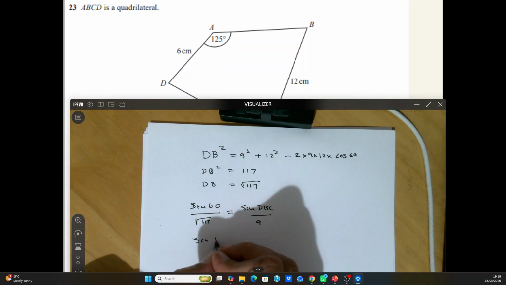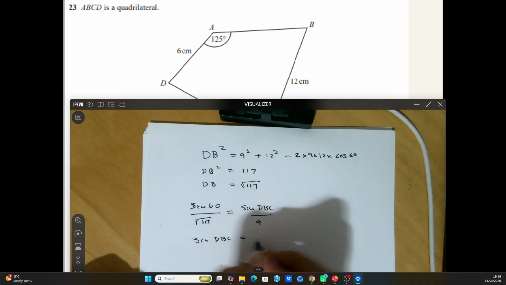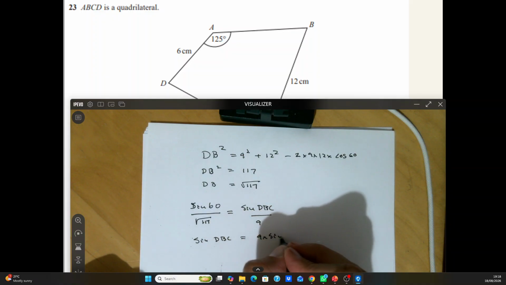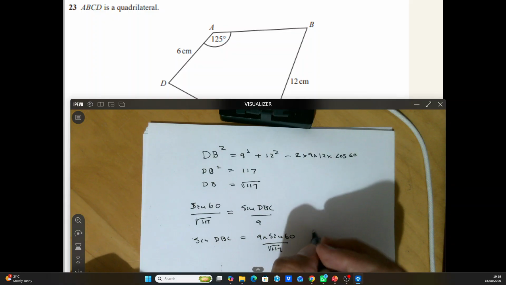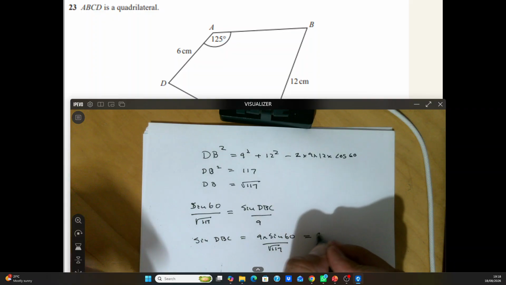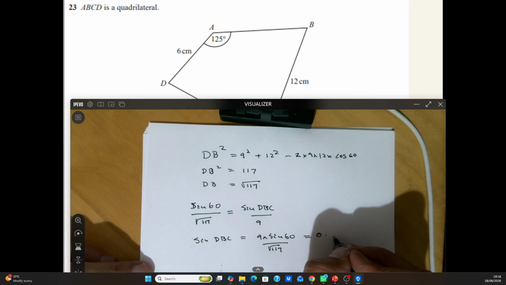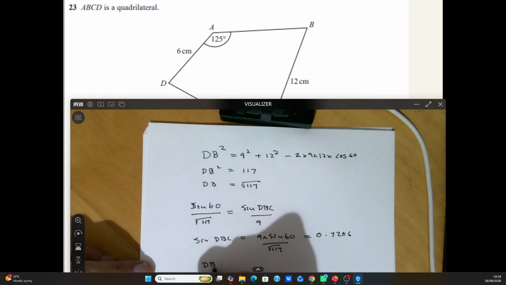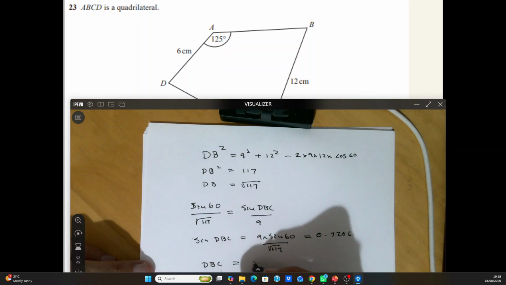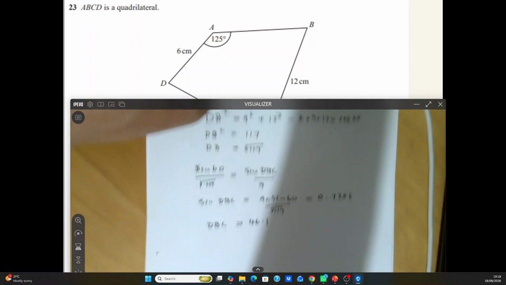So sine DBC equals 9 times sine 60 over the square root of 117, which gives me 0.7206, which means DBC, pressing my inverse sine, gives me 46.1 degrees. Right, so I've got one of the angles.